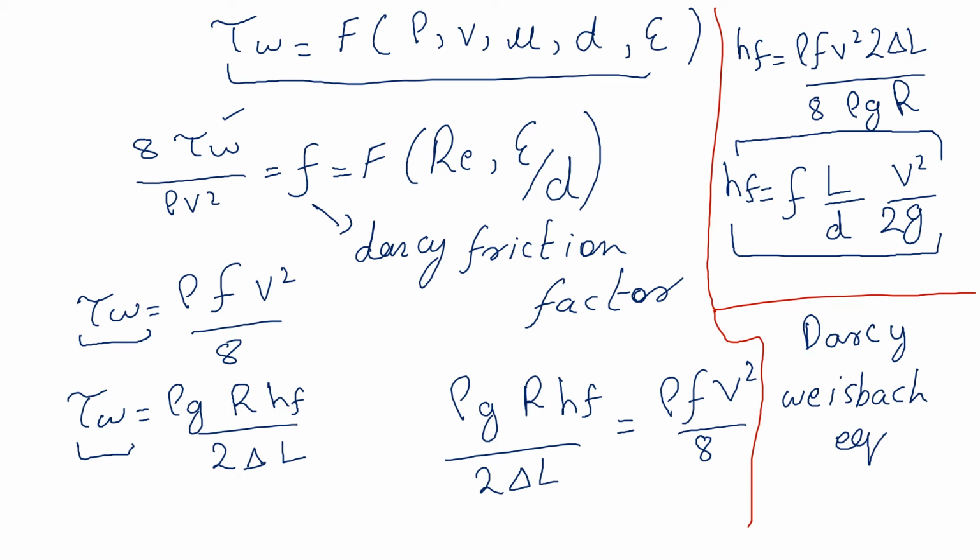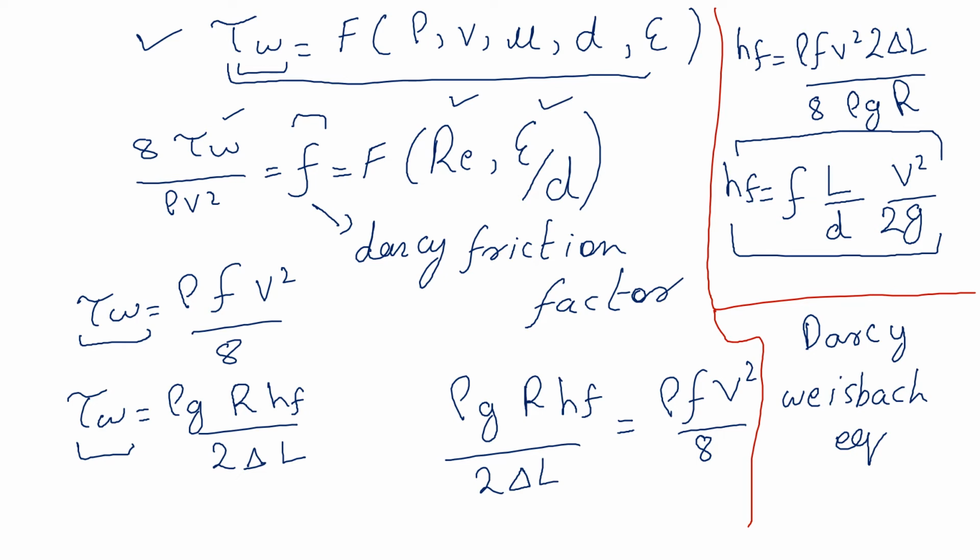And as we discussed earlier, this equation is derived with the help of the energy and momentum equation, where we got two terms for our head losses. Then we used our dimensional analysis method to come up with the term for the wall shear stress, where we were introduced to the Darcy friction factor, which is a function of Reynolds number and the relative roughness of the pipe.